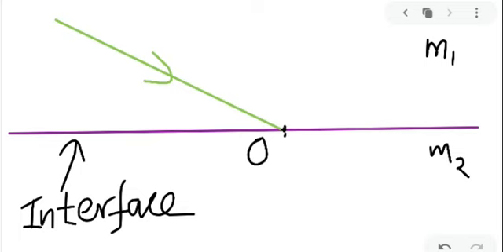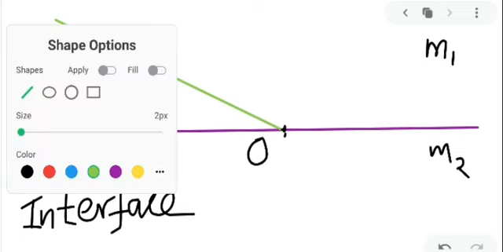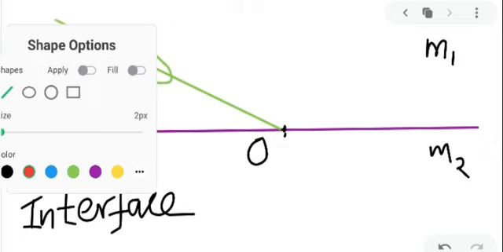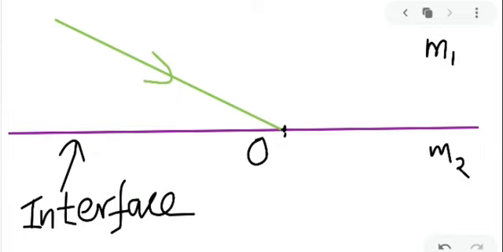Now next, at the point of incidence, just to study the subject in a more mathematical sense, we define a normal to the plane of the interface. We define a normal to the plane of incidence. The purple interface itself is called the plane of incidence. Let me write it down so that you don't forget.